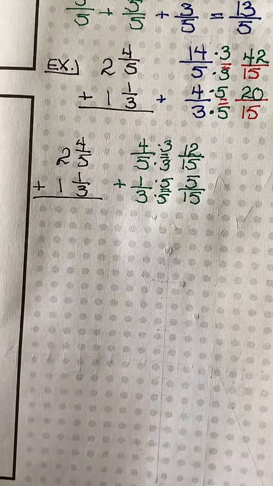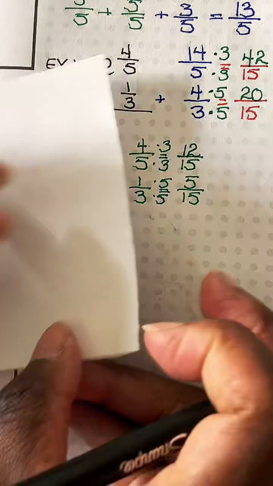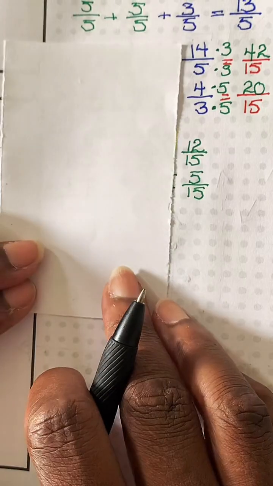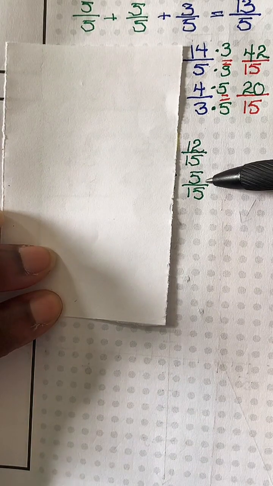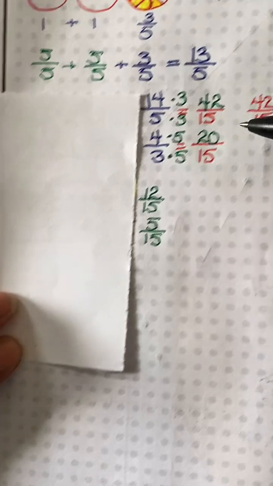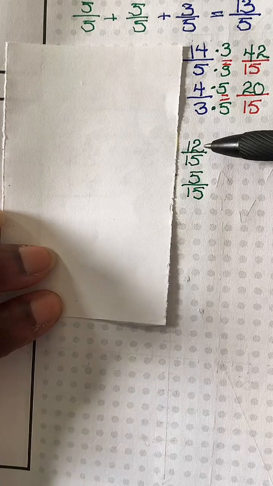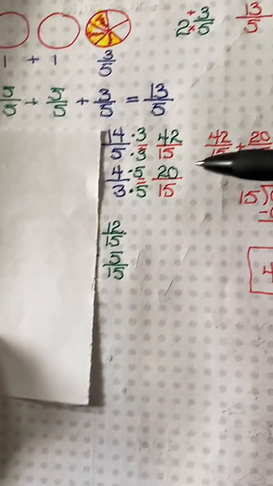So now all we are focusing on, let me cover this up because I know it can be overwhelming, is adding the 12 and the 5. Isn't that a little bit easier than dealing with like 40?